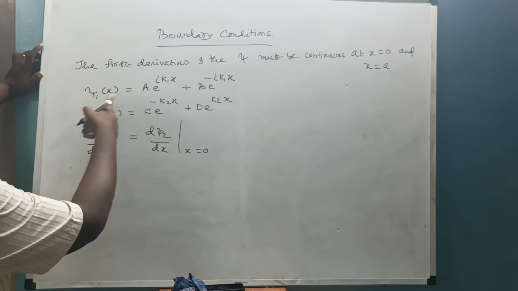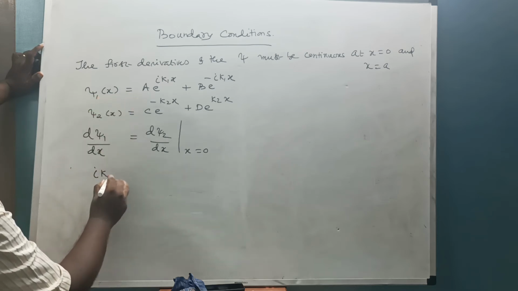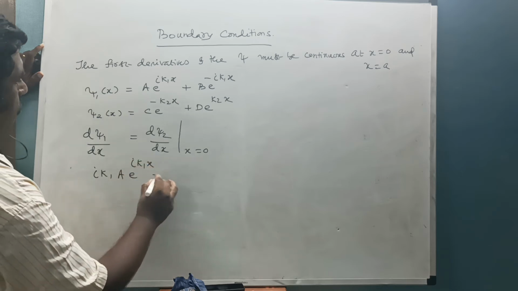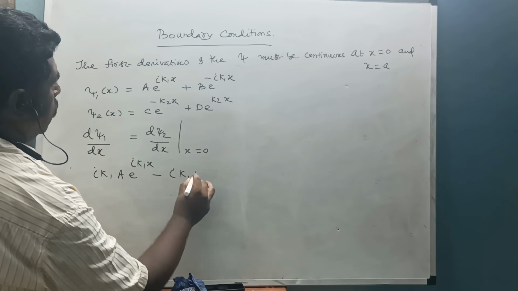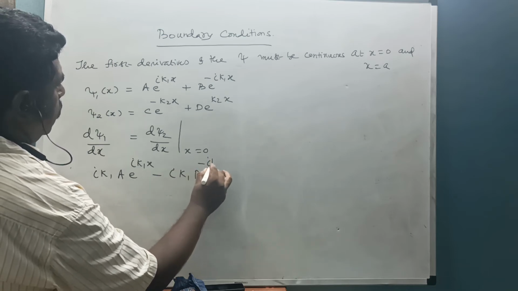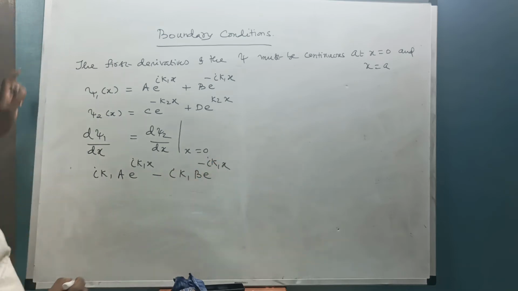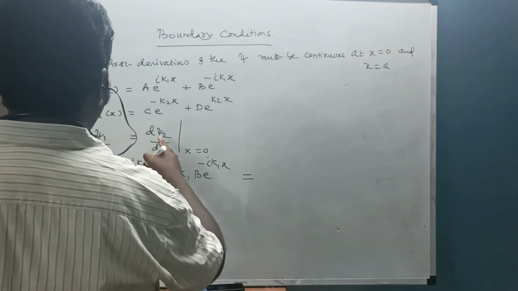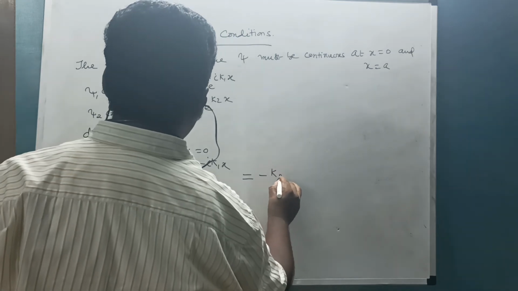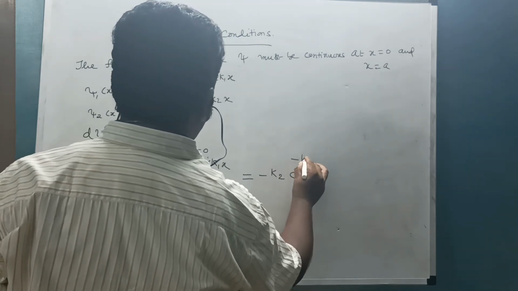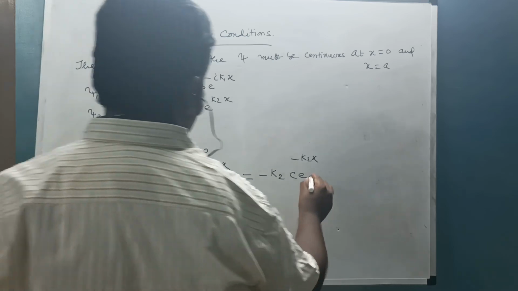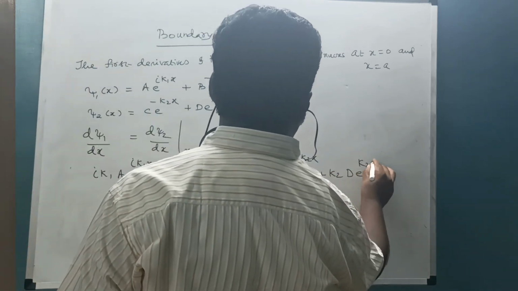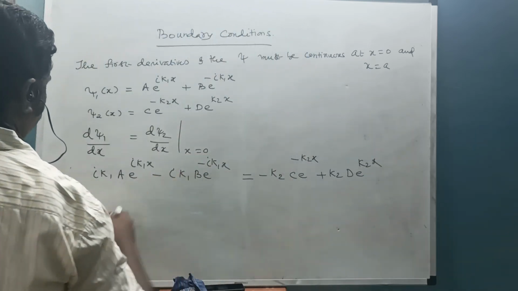Then d psi 1 by dx is ik1 a e^(ik1x) minus ik1 b e^(-ik1x). This is equal to minus k2 c e^(-k2x) plus k2 d e^(k2x). Here we put x equal to 0.